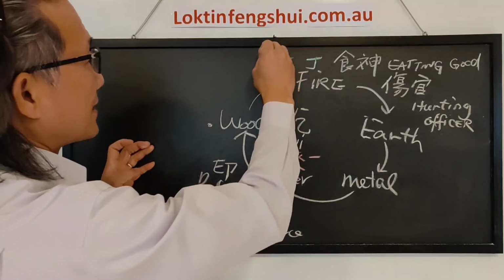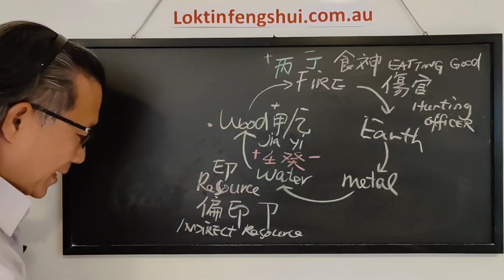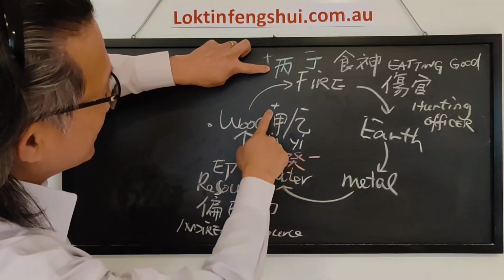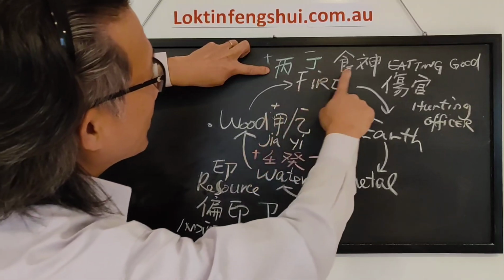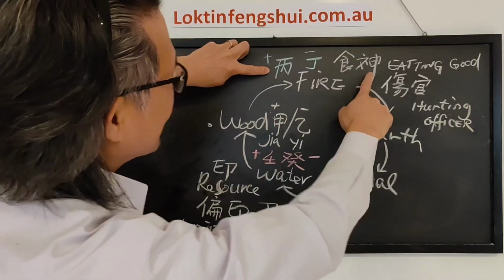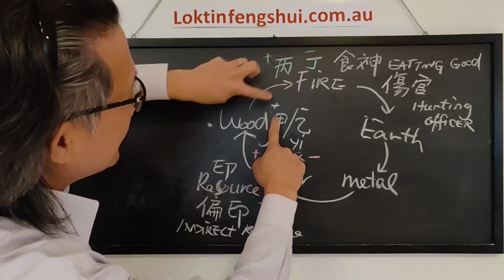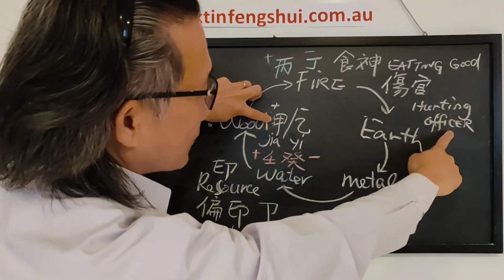The bin is yang fire, the ding is yin fire. So it depends on, let's say, jia and bin, they are both yang and yang. So in this case, it's called the eating god. If it's jia and ding, jia would produce yin fire, which is called the hurting officer.